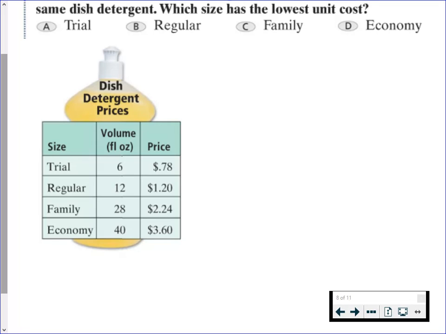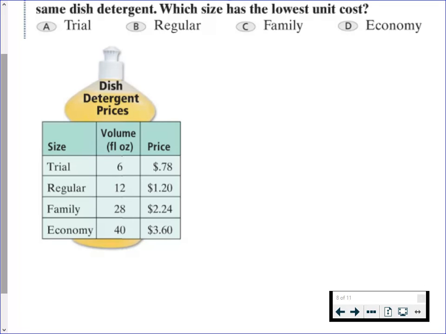A regular size, maybe it's sitting on your counter at home. Family, a lot of people get a family one to refill their regular ones. And then finally you got the big guys, the economy ones that you're buying at Sam's Club or Costco, the big boys.